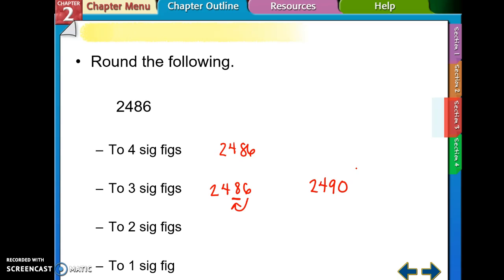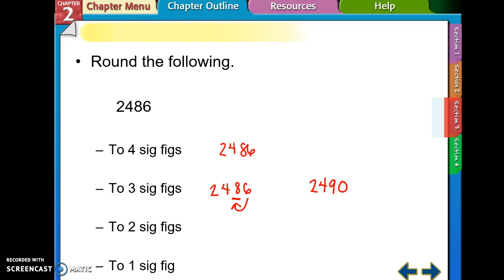Why did I have to put that final 0 there? Well, on the previous example, we kept dropping numbers because it was after a decimal. Here, if I dropped that number, it would, instead of being 2,486, it would just be 249. Don't change your place values.